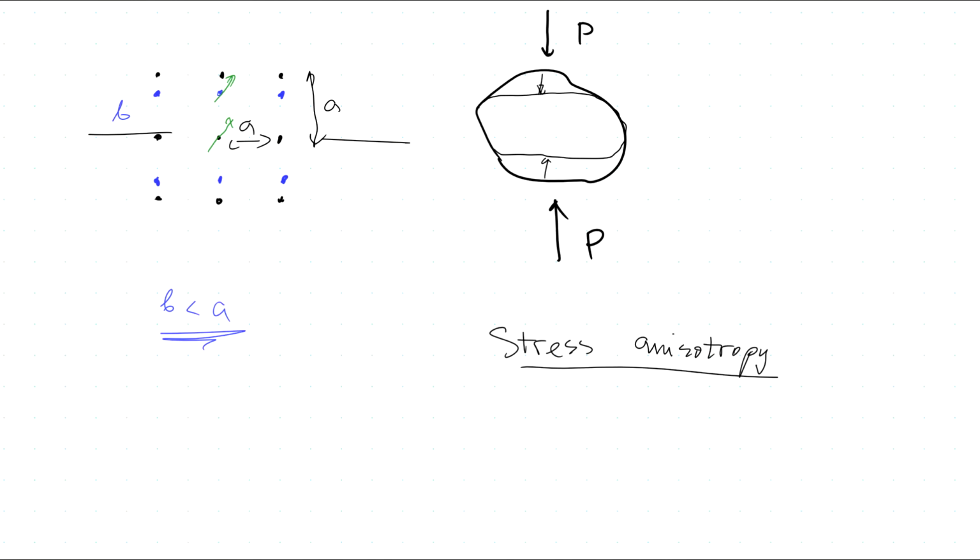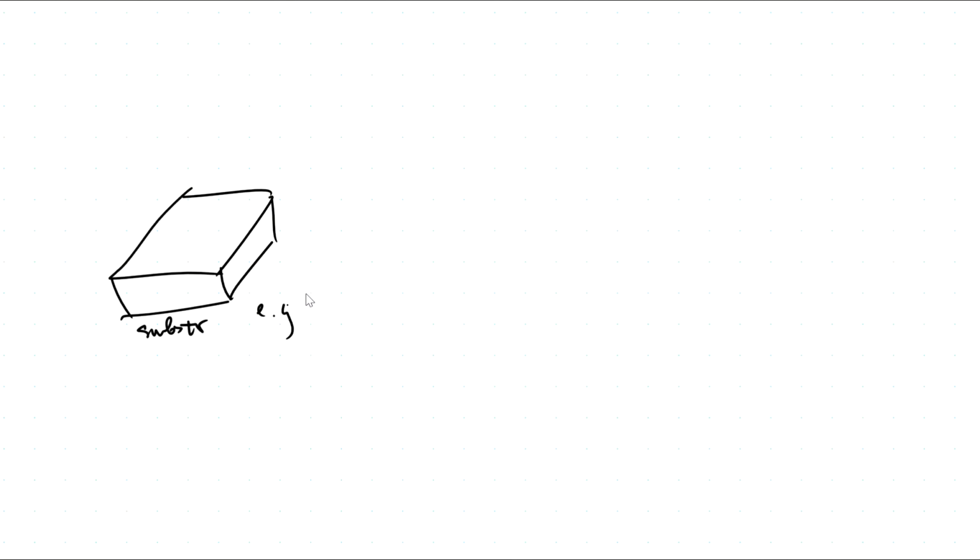But now, the other thing is that you don't really have to compress the material. So imagine that you have one material. Let's take a thin film, or we will call it a substrate. And for example, it can be made of copper.